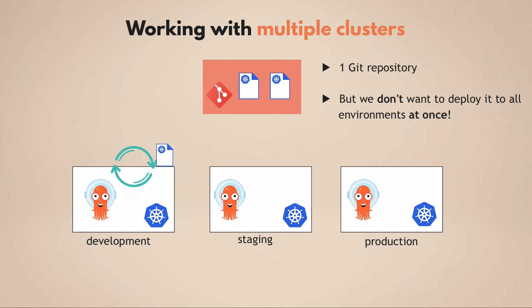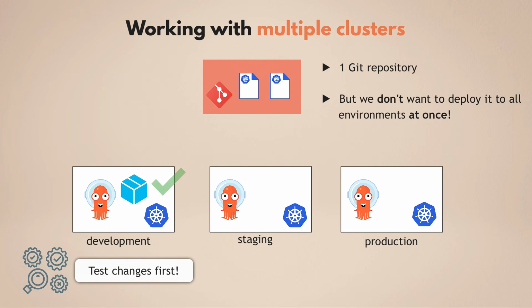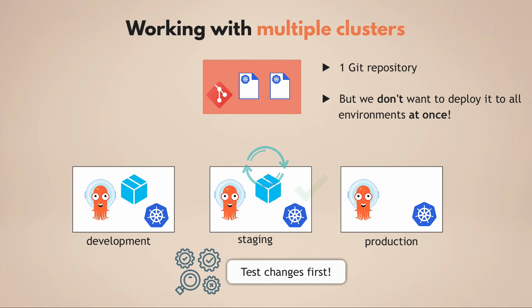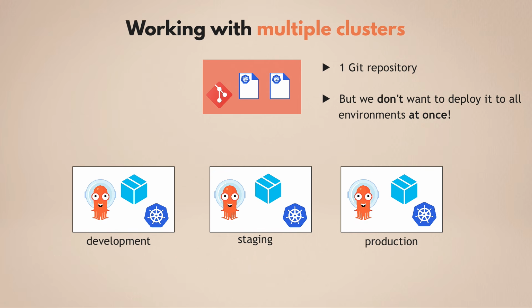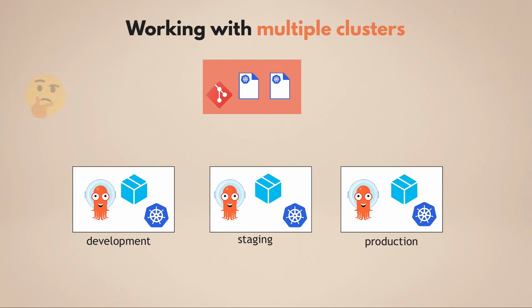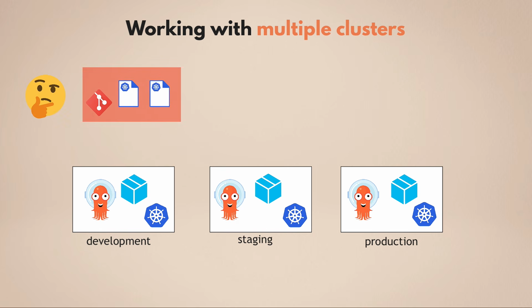Instead, if something changes, we need to test the changes first on each environment and then promote it to the next one, right? So the changes will be applied to the development environment, and only if these changes are successful, then they will be promoted to the staging environment, and so on. So how do we achieve that in this workflow?